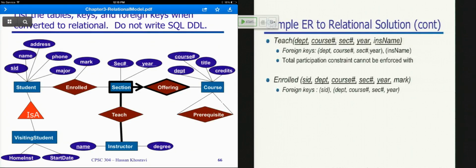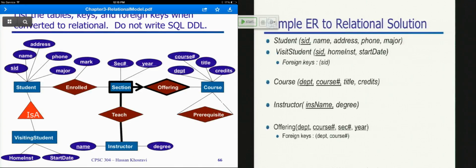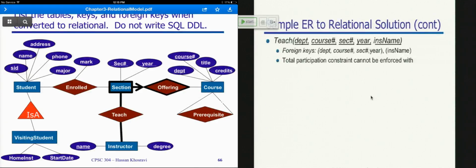Couldn't you possibly merge your instructor and teach together, since every instructor has to teach a section? The question is, can we not combine information from instructor and teaches just because everybody has to teach? That would be a bad idea, because an instructor will be teaching multiple classes.